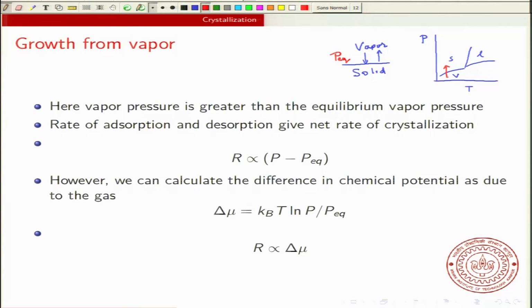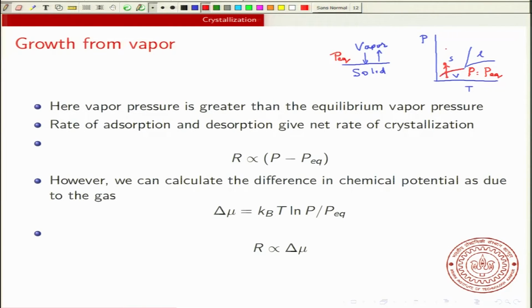Now when you go from a point, let us say along this line you have P equal to P equilibrium. So the pressure is equal to the equilibrium vapor pressure, and again the equilibrium vapor pressure depends on temperature. Now if you imagine looking at the difference in chemical potential between one state that is here and one state that is somewhere here, we are imagining that we are increasing the pressure.